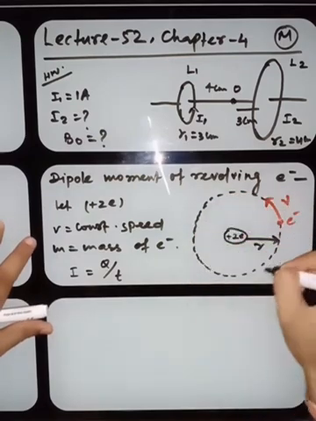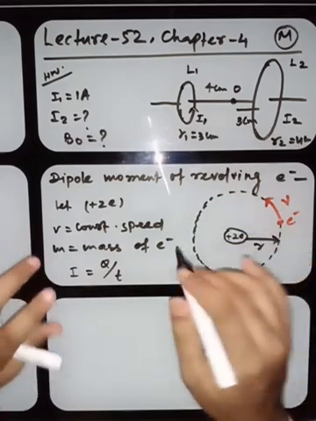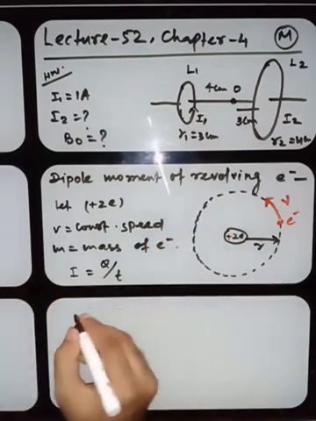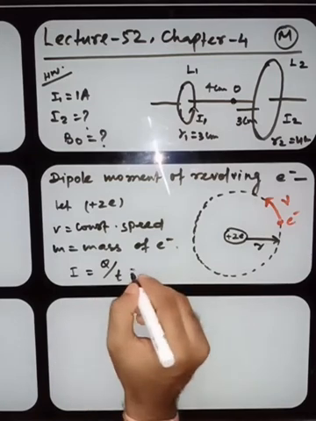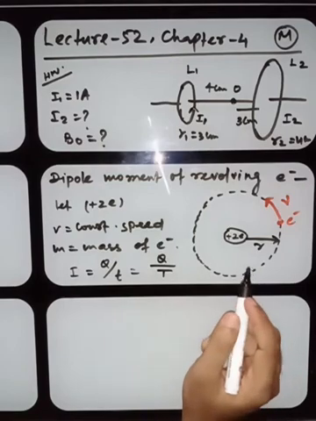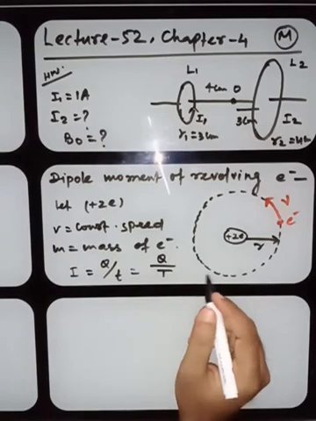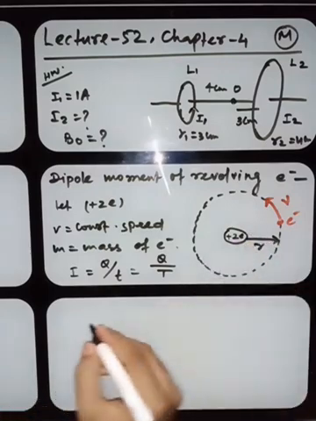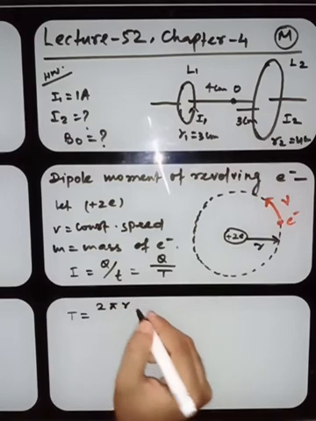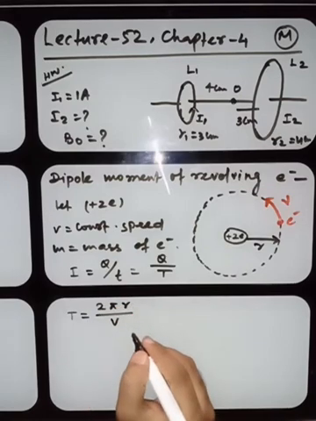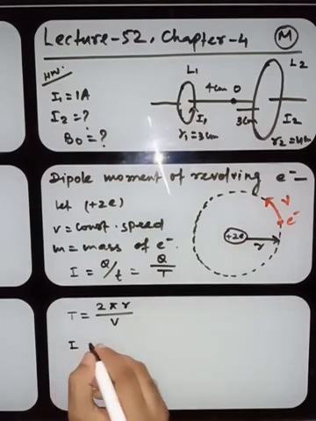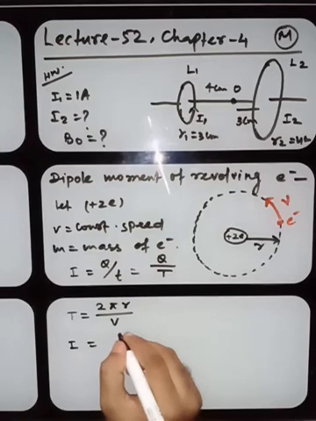In one complete rotation, we find the current for one rotation: total charge Q moved in one rotation, and the total time period is T. First we need to find the time period. It is the total distance traveled, 2 pi r, divided by the speed v. So we can put this value over here.